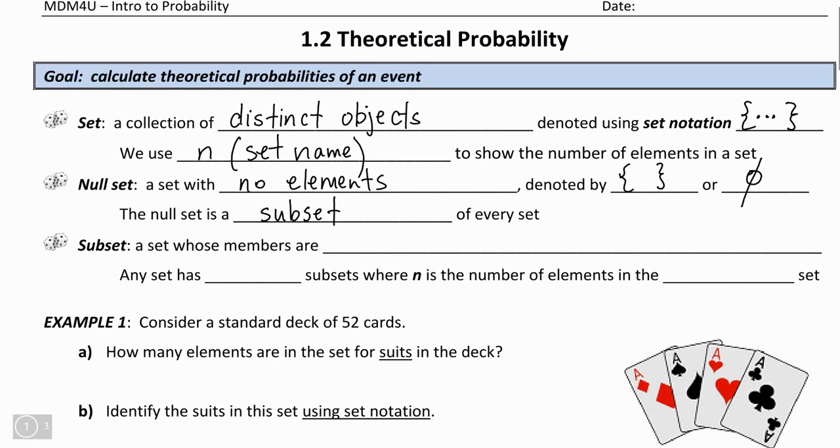To give you a better picture of what a null set could look like, think of our classroom. So let's say the classroom is a set. We put curly brace brackets around our classroom, and inside our classroom we have these distinct objects, and these objects, I'll say, are the students. The students have different names. So let's say we have Israel, Daniel, to make up some other names.